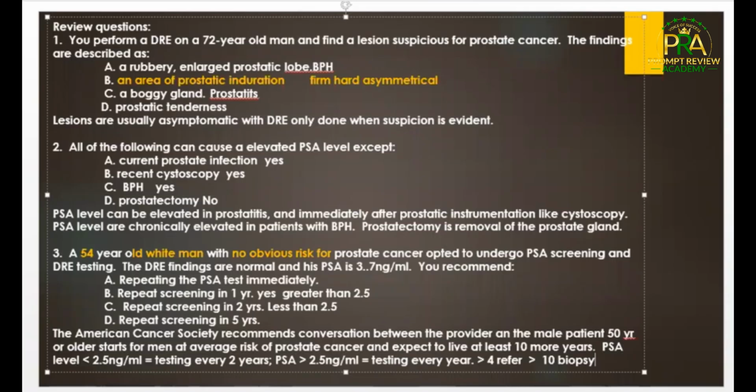Then when you multiply it, it's going to change the guideline. So if the guideline says less than 2.5 every 2 years, then it's going to change it to what? Every year. So pay attention to questions like that. It can be so tricky, but if you know the guideline, you can be able to answer questions on PSA.